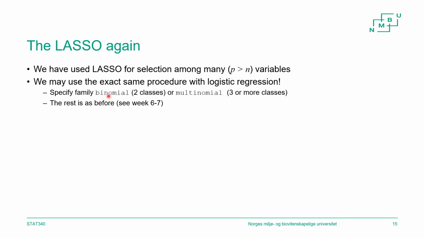But by specifying binomial if you have two classes or multinomial if you have three or more classes, you get a logistic regression type of model in the glmnet function, running this lasso procedure as before. So this is extremely simple in a sense. And we will see how to do this now in the last R session.